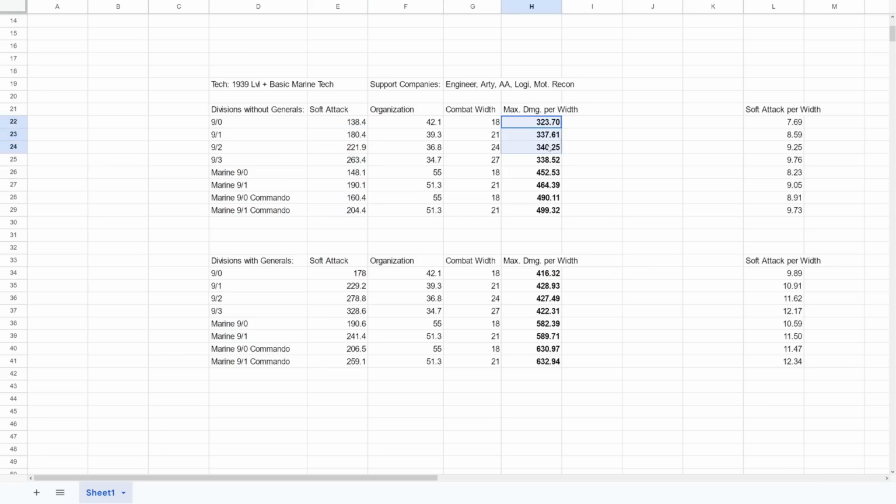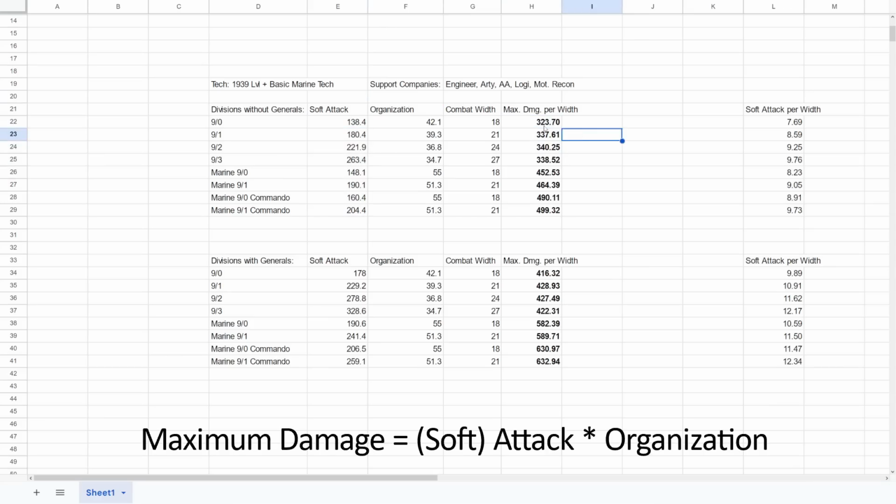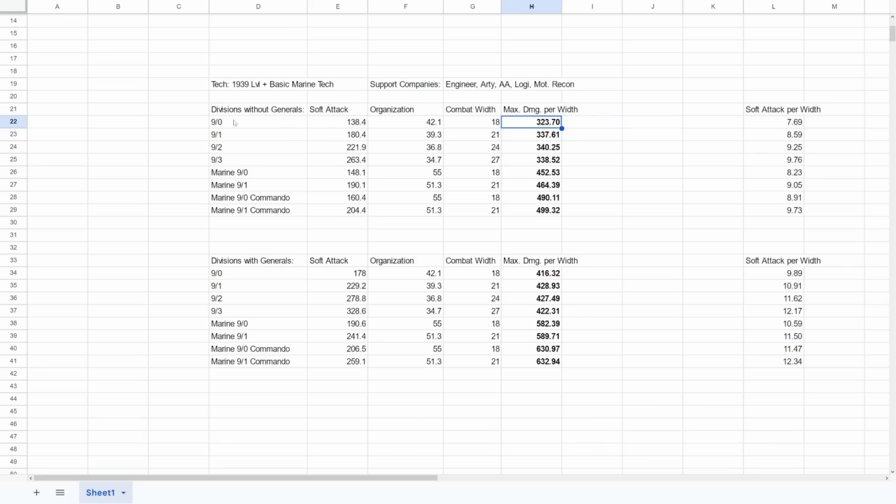And we see here pretty much the same as the last video, where it is an increase from a 9-0 to 9-1, very small increase from a 9-1 to 9-2, and a decrease from 9-2 to a 9-3. And you also see that a Marine has even more max damage. From a 9-1 to a 9-2 is even smaller than if it was infantry.